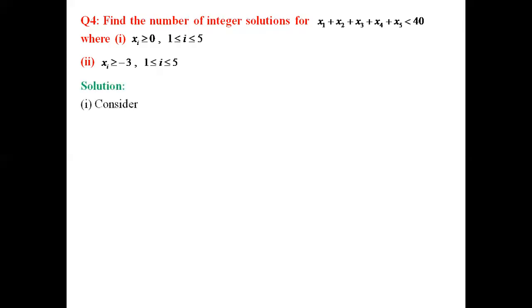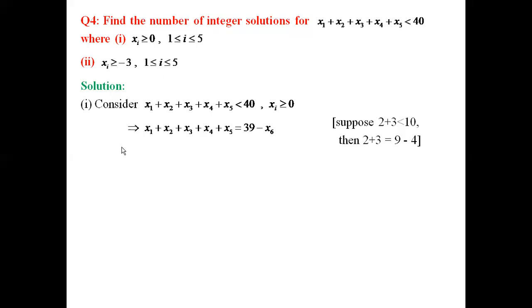Firstly, we'll consider the given inequality x1 plus x2 plus x3 etc. up to x5 is less than 40, and the first condition given is xi is greater than or equal to 0. Now we will write this inequality in the form x1 plus x2 plus x3 etc. up to x5 equal to 39 minus x6.